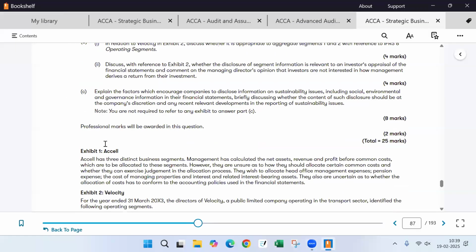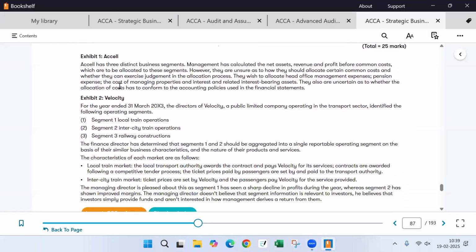Exhibit 1, Axle. Just check if the exhibits are the same in your textbook. Axle has three distinct business segments. Management has calculated the net assets, revenue, and profit before common cost, which are to be allocated to these segments.